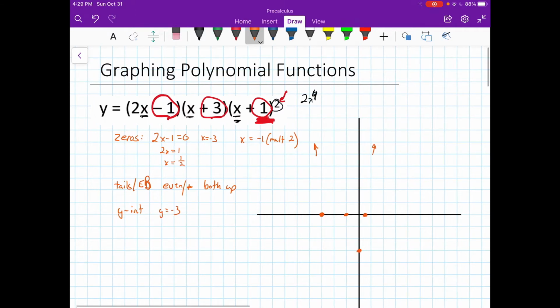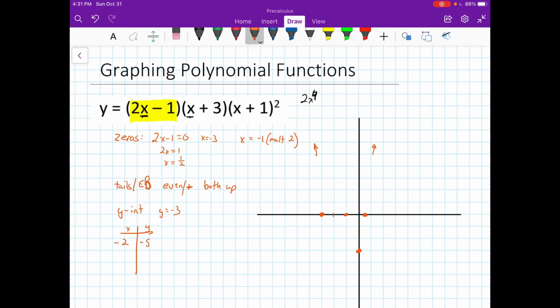So that would be down here. And then maybe we should plug in negative 2 to help us find what happens between negative 3 and negative 1. So plugging in negative 2, we're going to put that into our function here. 2 times negative 2 is negative 4. Minus 1 is negative 5.